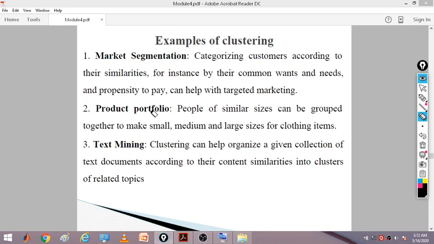Then product portfolio. People of similar sizes can be grouped together to make small, medium, and large sizes of clothing items. Product portfolio means it helps you segregate your product items. Whenever we have a clothing shop, we try to cluster: small size, XL size, double XL size.